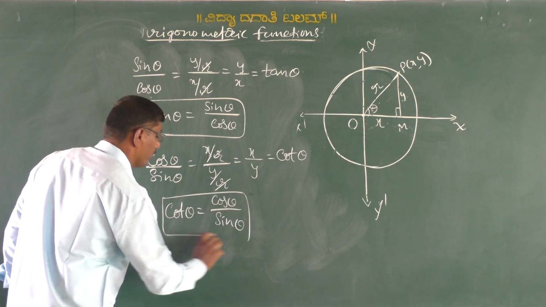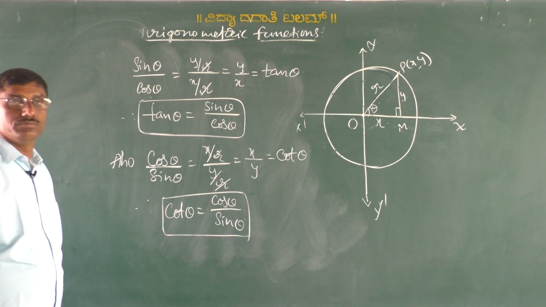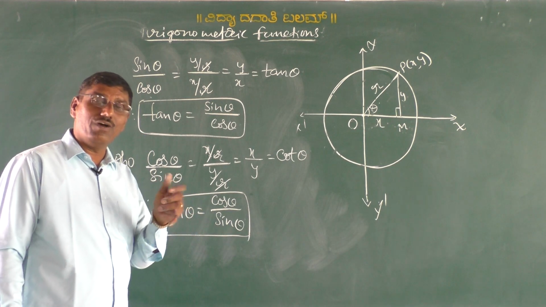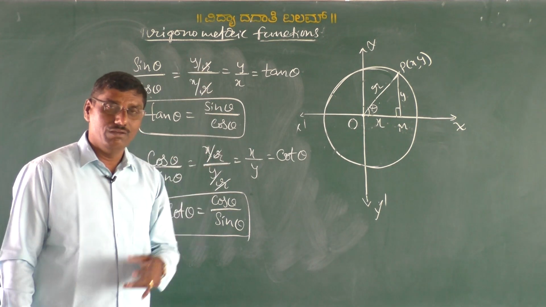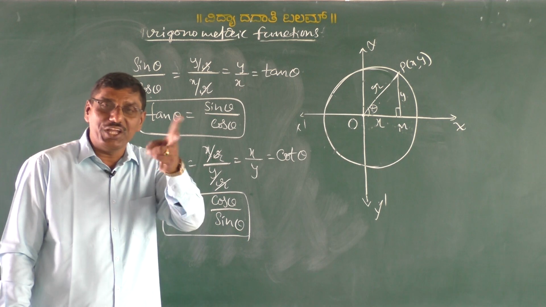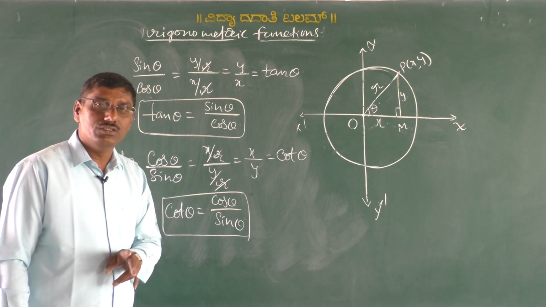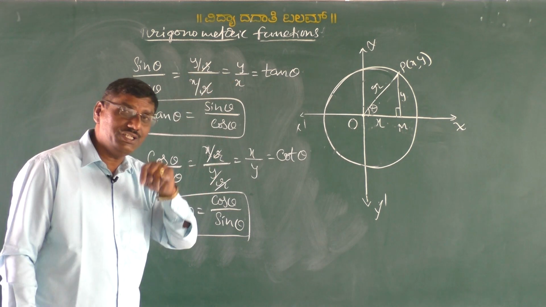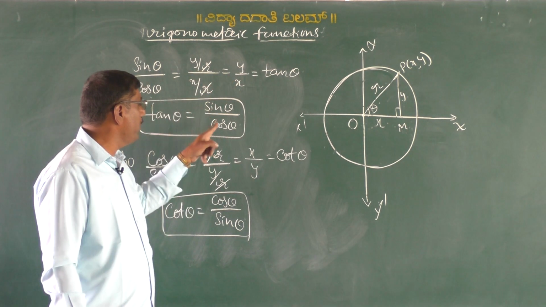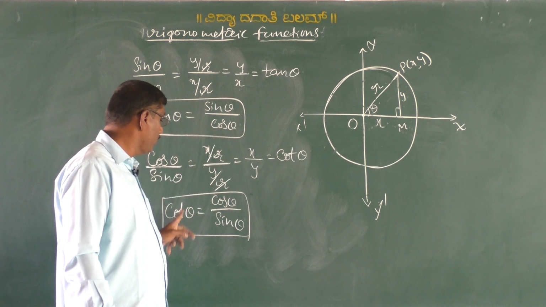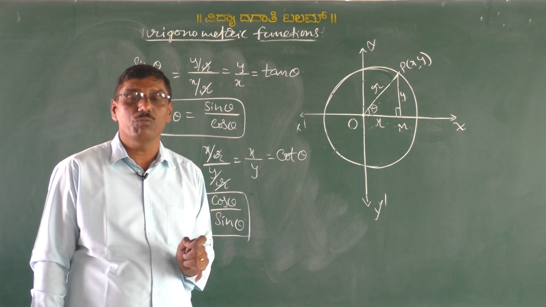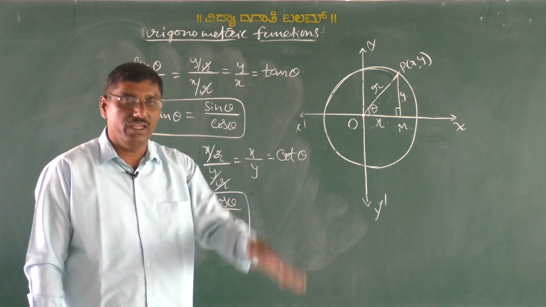This is another formula. Here tan and cot are expressed in the form of a quotient using two trigonometric functions, sin by cos for tan, and cos by sin for cot. Hence we call these two formulae quotient formulae.